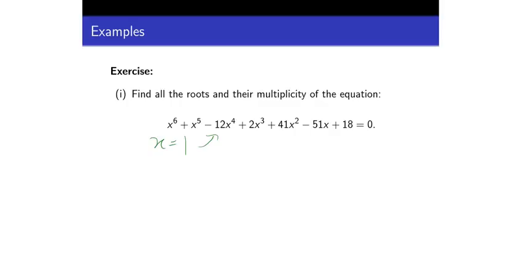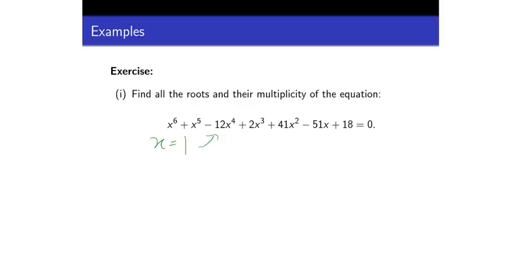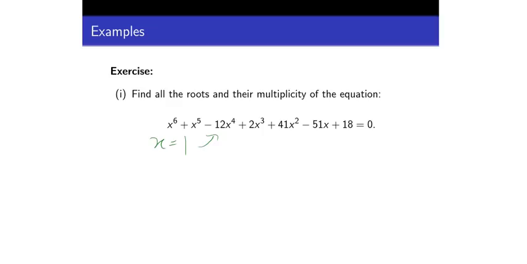Okay, so if you want to use synthetic division, I'm going to divide by 1. The coefficients are 1, 1, minus 12, 2, 41, minus 51, 18.